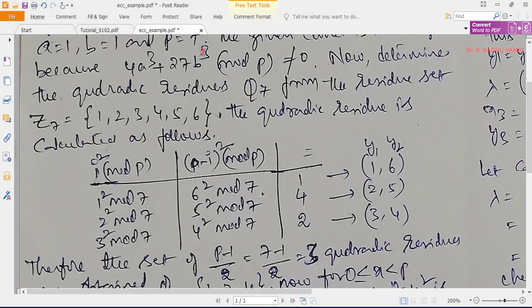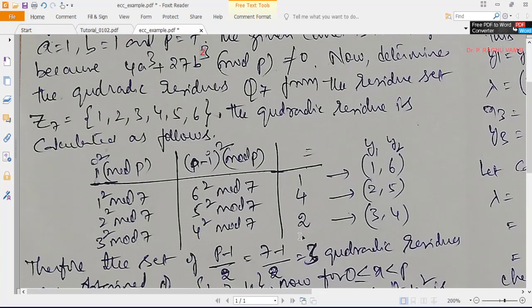So 1 square mod 7 is 1 and 6 square mod 7 is 1. Next is 2. 2 square mod 7 and 7 minus 2, that is 5, 5 square mod 7. Both result in the same remainder, that is 4. Now 3 square mod 7 and 4 square mod 7, where we consider i as 3 and p minus i, that is 7 minus 3, is 4.